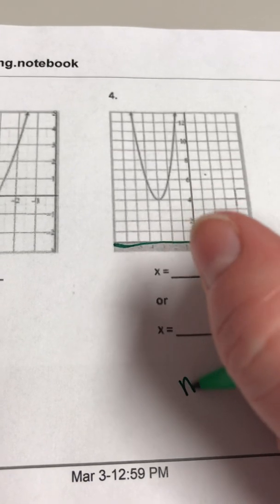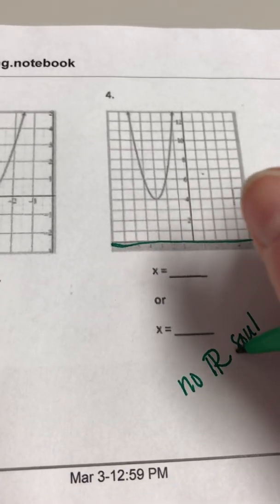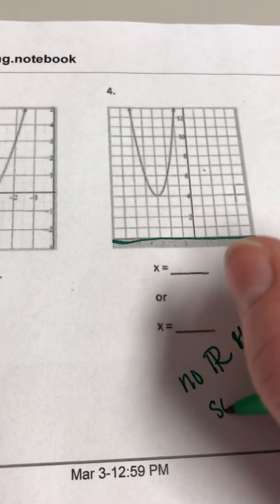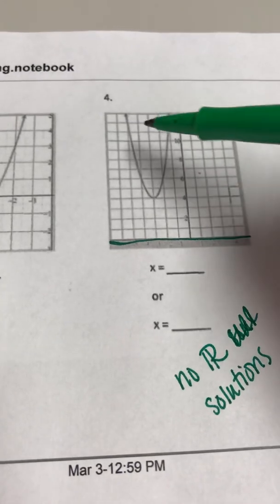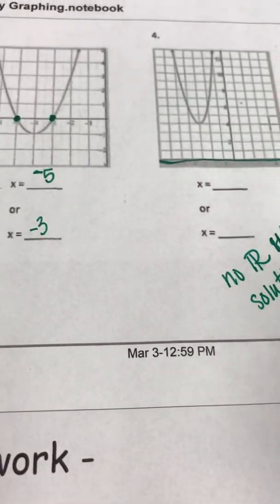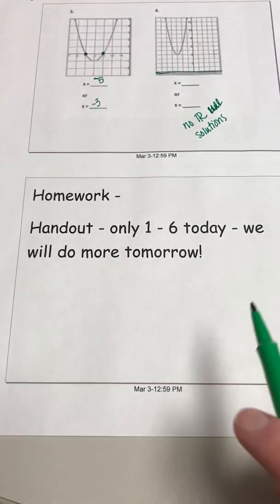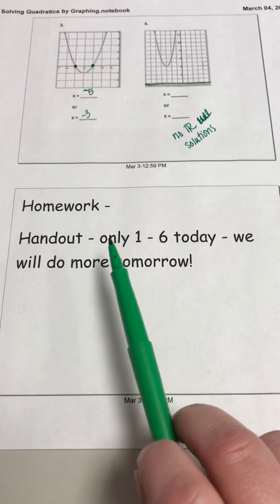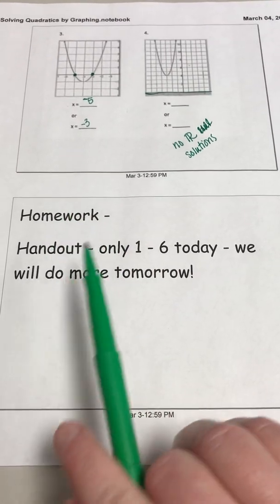So we have no real solutions. That parabola never crosses the x-axis, so we have no real solutions. That's it in terms of the notes. We're just looking for x-intercepts to identify what the solutions are.